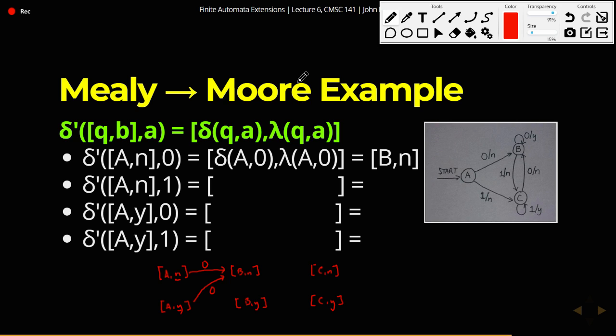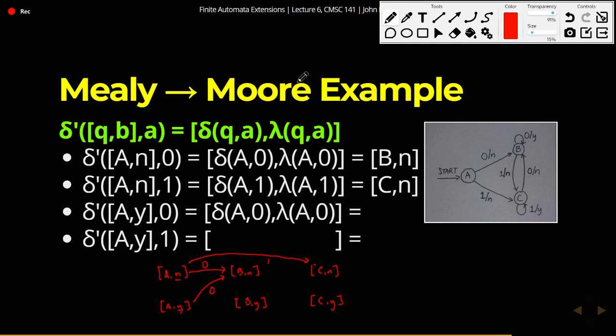A on a 0, again, will go to B with N. But for 1, A on 1 will go to C, and the output associated with the transition is N. So that is Cn, right? So it will go here on a 1. But again, for Ay on 0, it's just the same. It's still Bn.